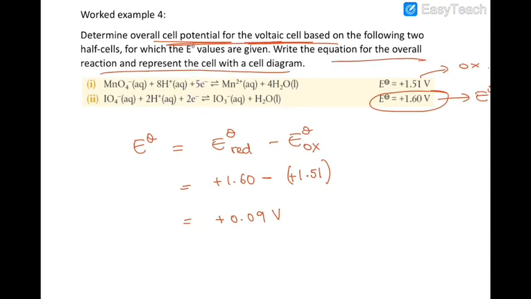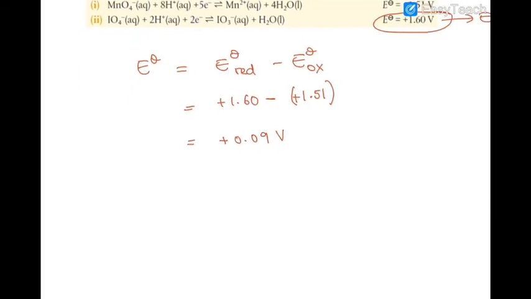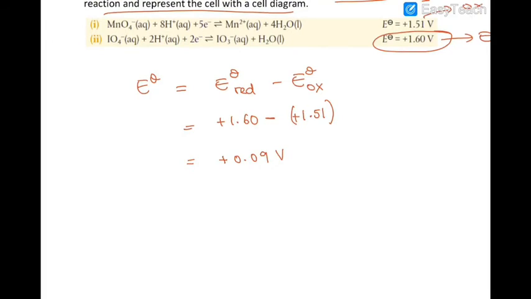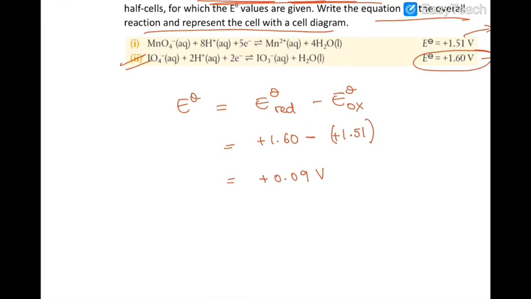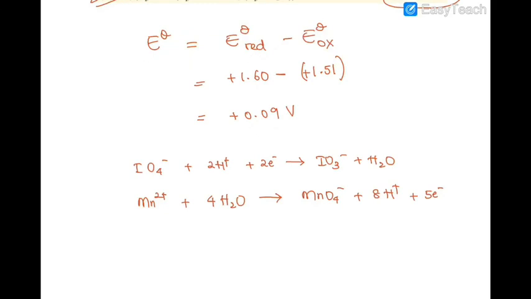Write the equation for the overall reaction. So for the overall reaction, this stays the same because this is for reduction, but this one is going to flip because this is for oxidation. Now you're going to adjust the number of electrons. So 5 and 2, this is going to multiply by 2, this is going to multiply by 5.